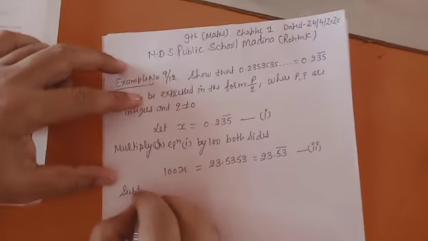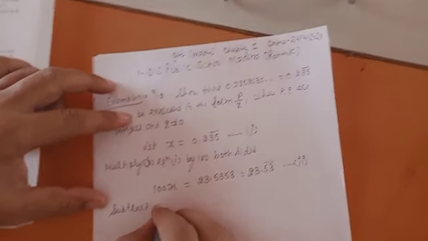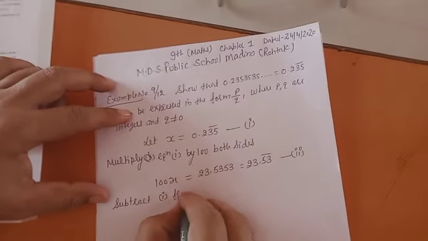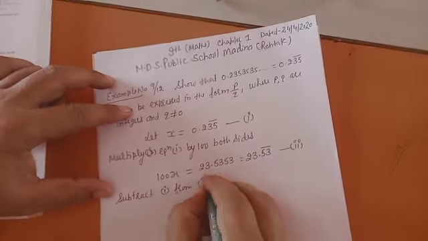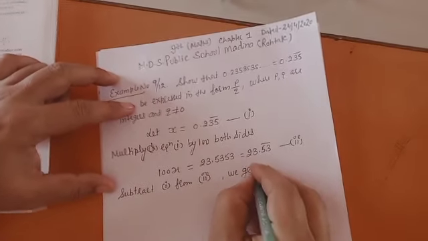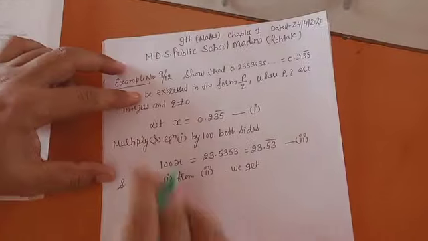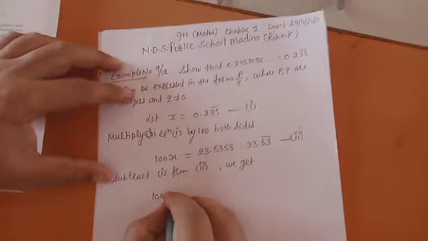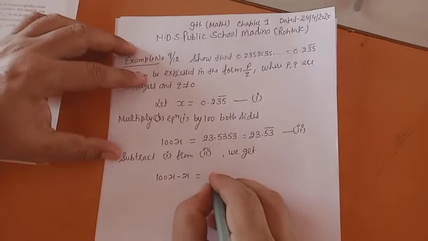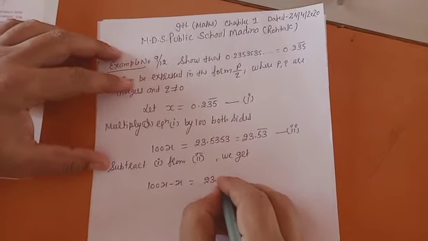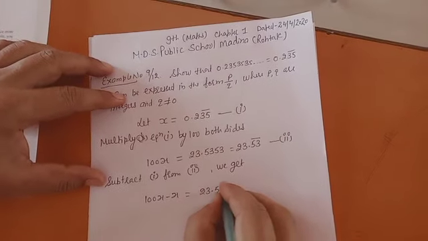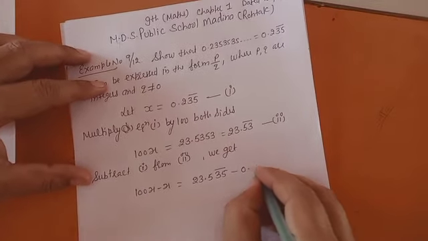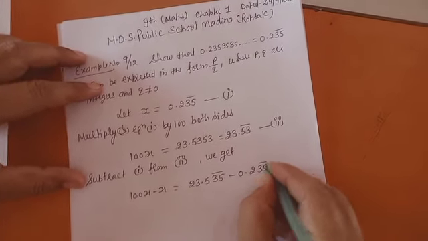Subtract first from second. We get, on the left side, 100x minus x is equal to 23.535 bar minus 0.235 bar.